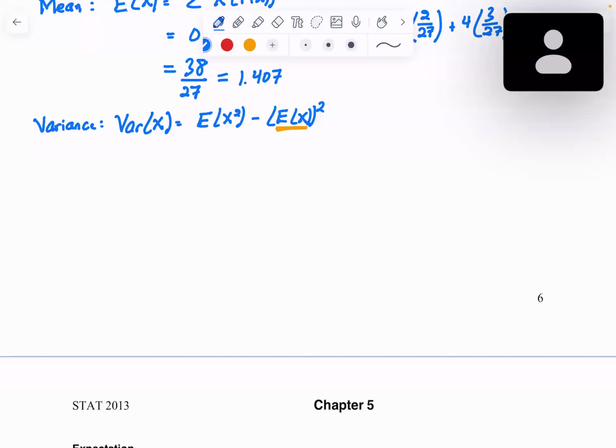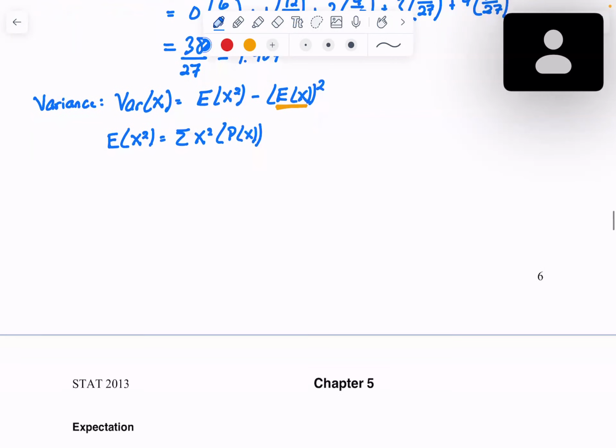So let's do that. The expected value of x squared is just equal to the sum of the x squareds times their probabilities. What that would look like is this.